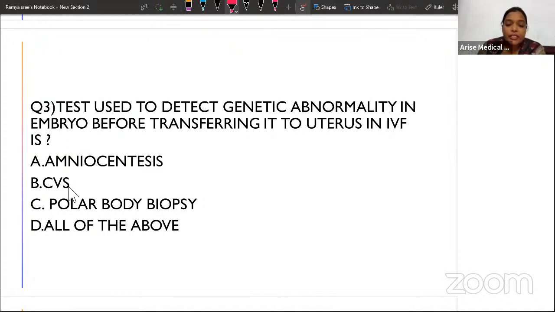Amniocentesis and chorionic villus sampling also help you find genetic abnormalities, but they are done after the embryo has grown, right? At what gestational age do we do amniocentesis?